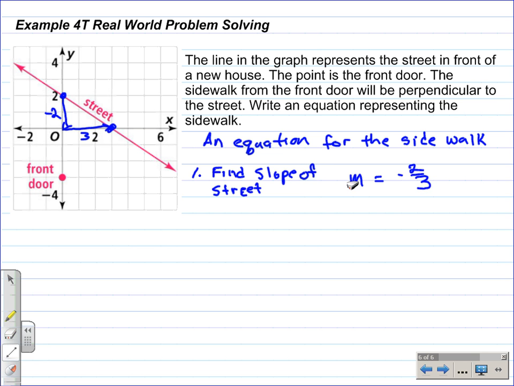Now, because we're finding the equation of the line perpendicular to that line, we want to use the negative reciprocal. There's that key word. We want to find the negative reciprocal of that.